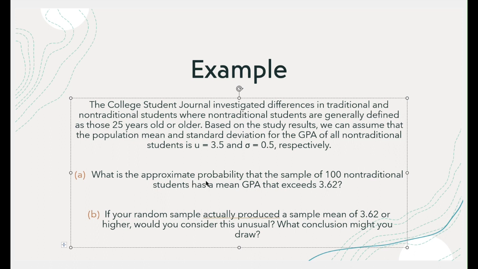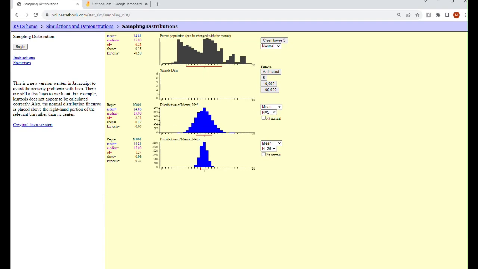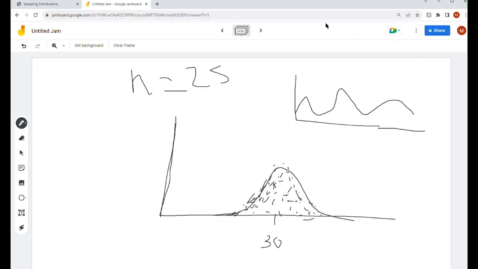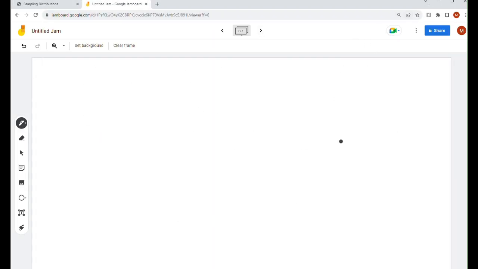Now, it's talking about the approximate probability that the sample of 100 non-traditional students, right? So there are so many ways you can take the sample. It could be any sample of 100 non-traditional students. And we've been talking about sampling distribution right now, right? So we also know that a sampling distribution is normally distributed, especially for sample sizes greater than or equal to 30, right?